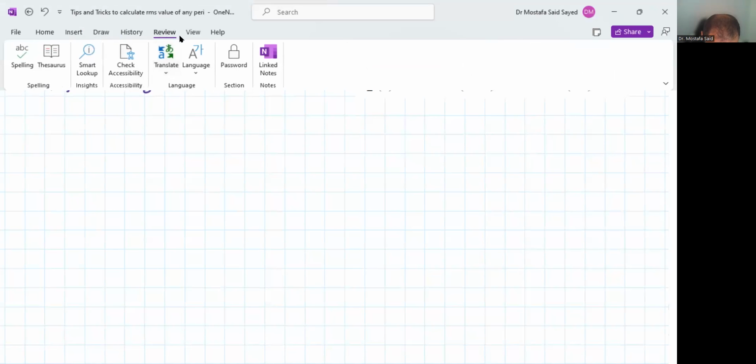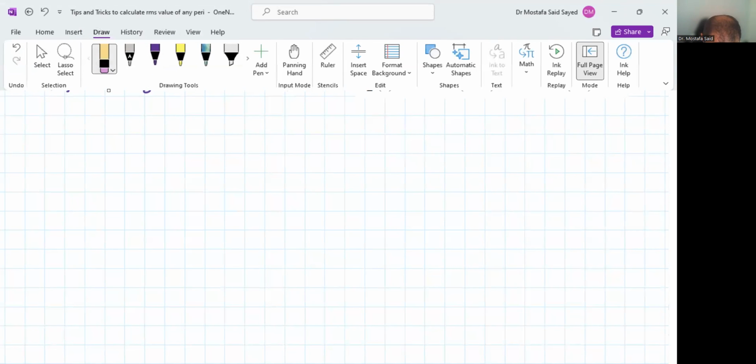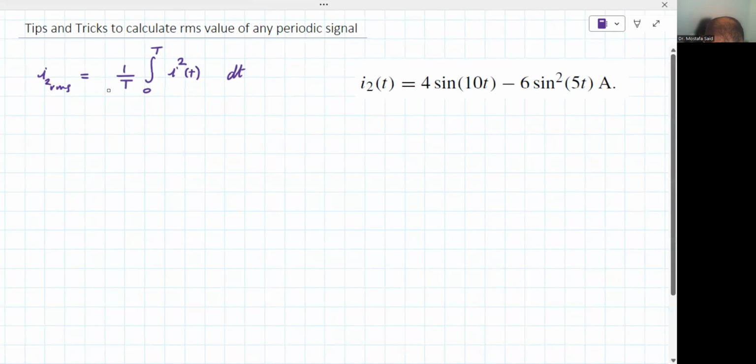Let's write it in that way, for any signal, let's even make it f of t. For any signal, f RMS, they're going to square f of t, and then take the square root of the whole term.